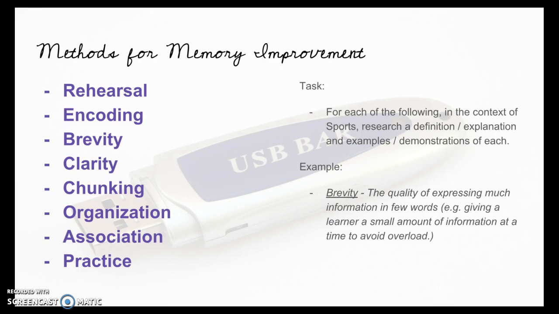For the next few minutes, I would like you to provide a definition for each of these by using your own research tools and give an example of what this might look like in sports or in athletics for a performer. Take no longer than 15 or 20 minutes at the most, and then continue on in the video. You can pause it here at this point.